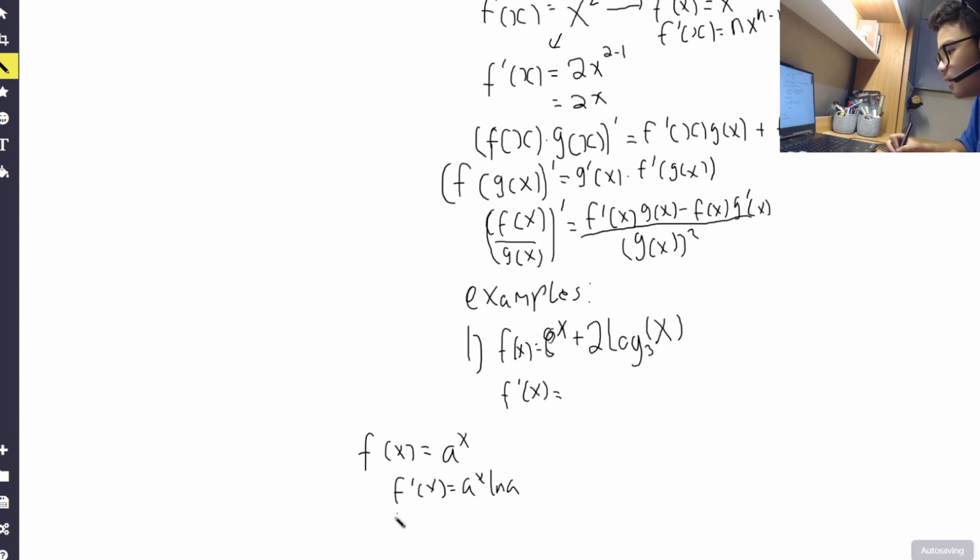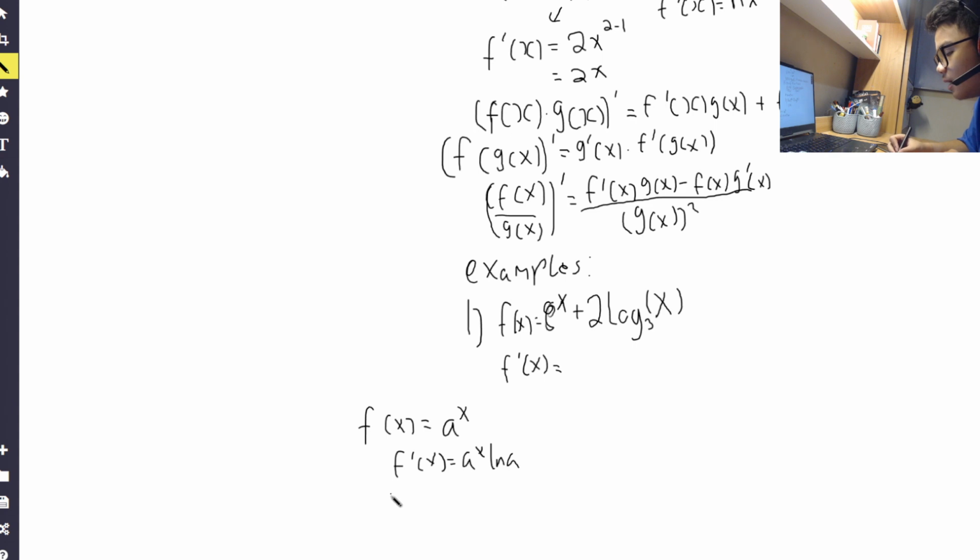So if f of x is equal to e to the x and we want to find f prime of x, it's going to be e to the x times ln e. Now, natural log is based with e, so that cancels out, leaving us with e to the x.